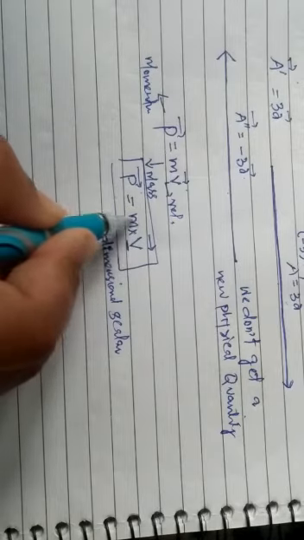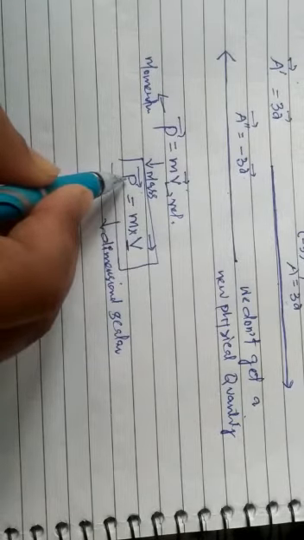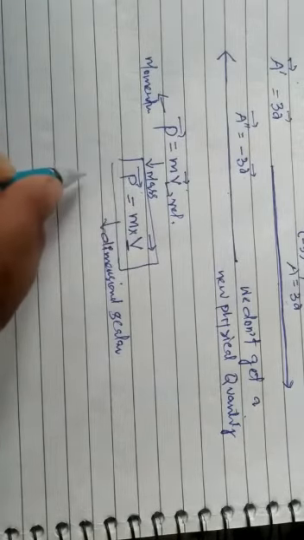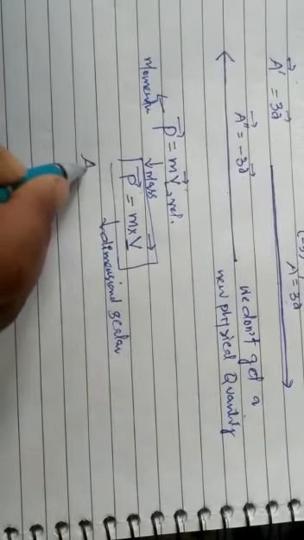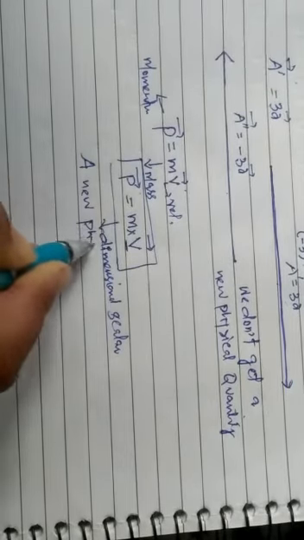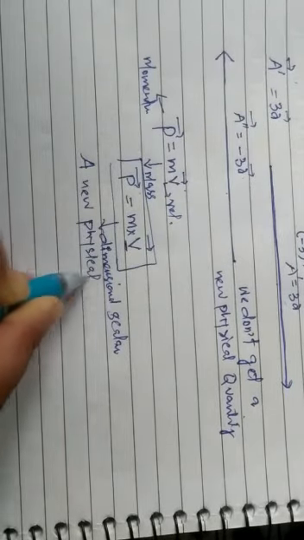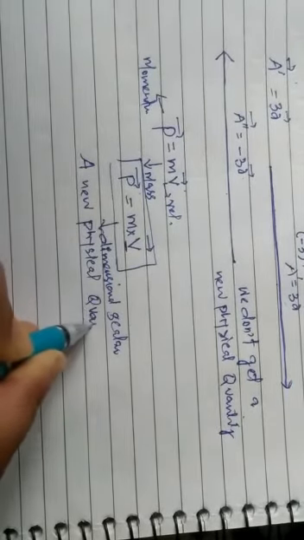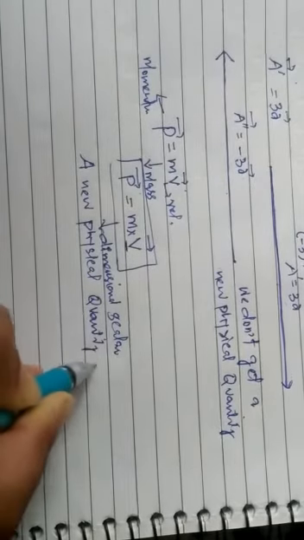Once it was multiplied by mass, what did we get? We got a totally new physical quantity. So in this very case, a new physical quantity is formed.